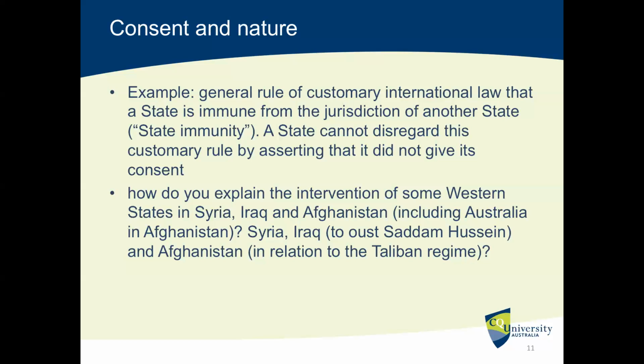And so in that instance, how can the intervention of Western states be justified on the basis of international law if a sovereign state refuses to permit these foreign states from entering its territory?